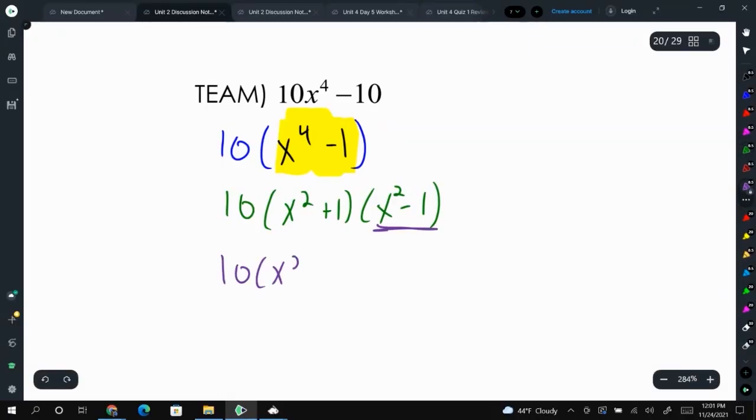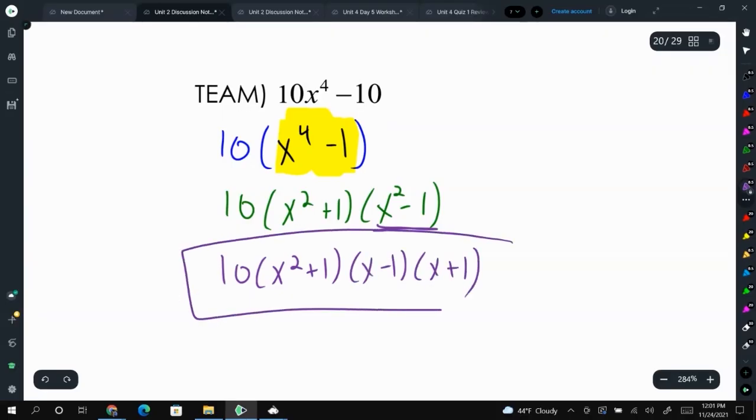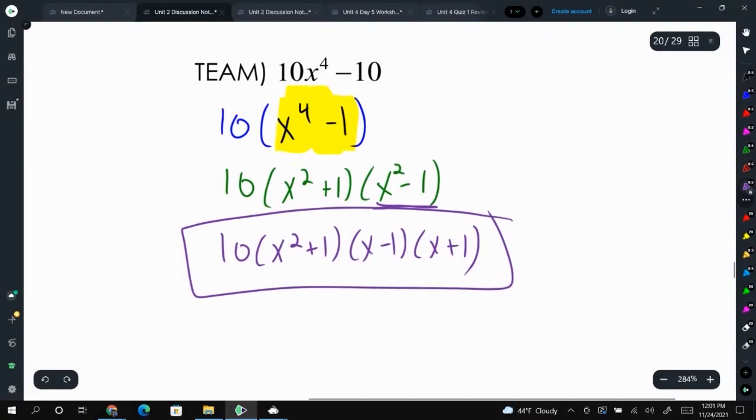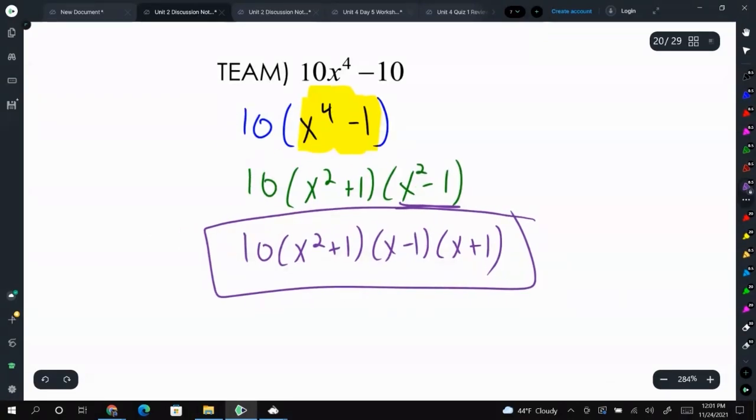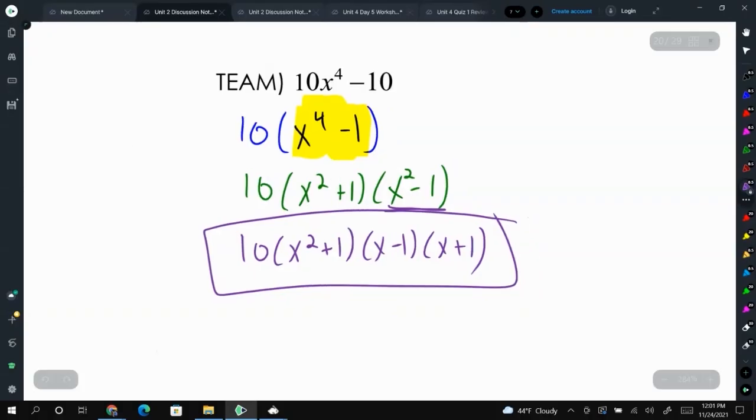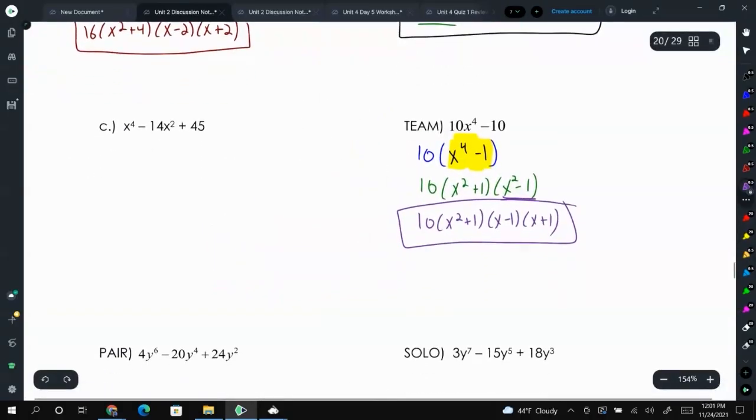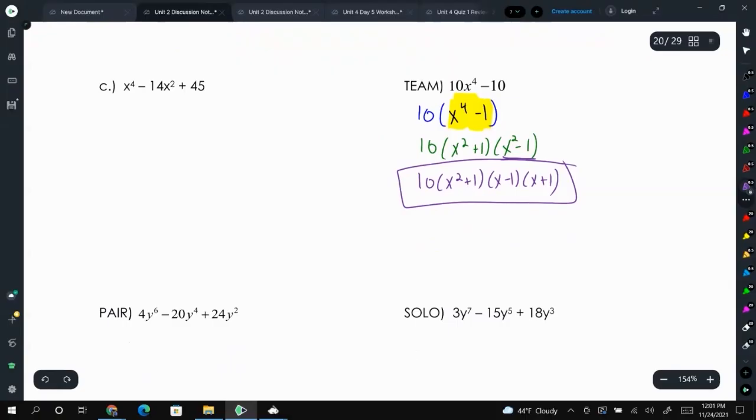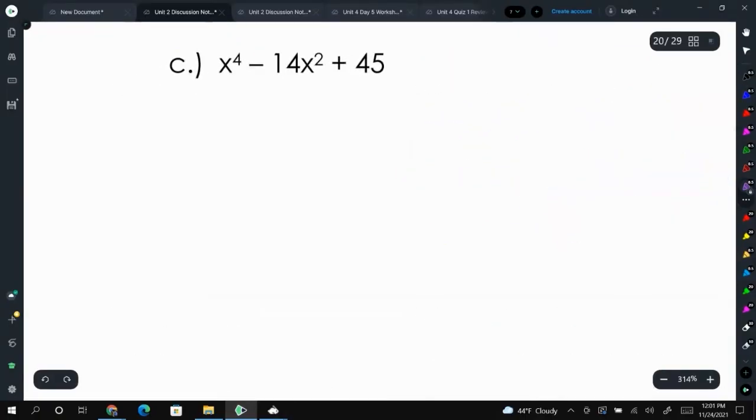This is also a difference of squares. So this would be our final answer. So really knowing the difference of squares pattern, that shortcut, makes life a heck of a lot easier here. So I'm going to have you try the rest of these. Once you're done, unpause the video and we can compare answers.